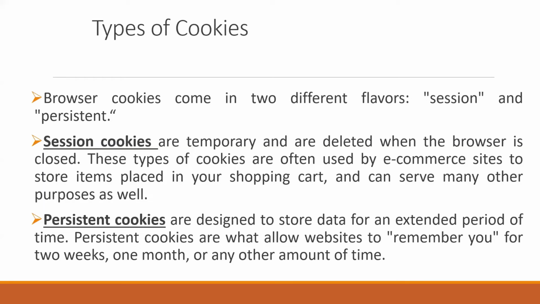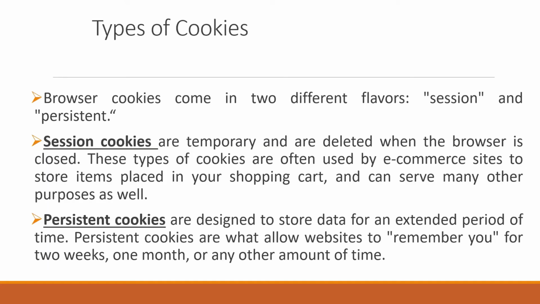Whereas the second type is called persistent cookies. They will be there for a longer period of time. Each cookie will have an expiry date, like our medicine, right? So once the date is expired, those cookies will be removed from the browser automatically.